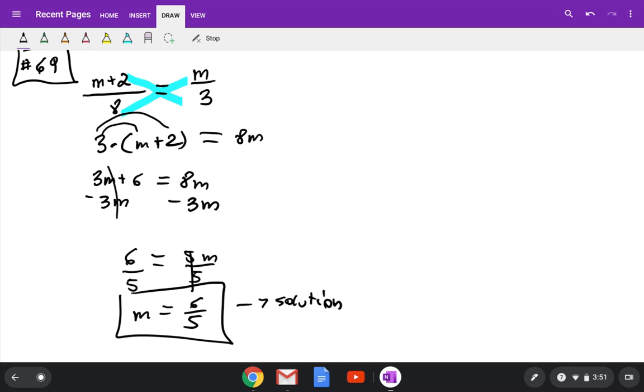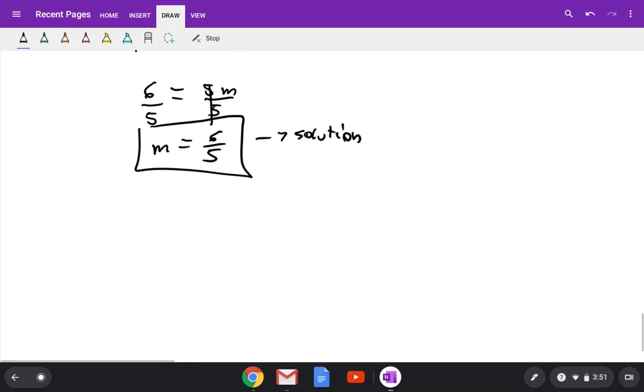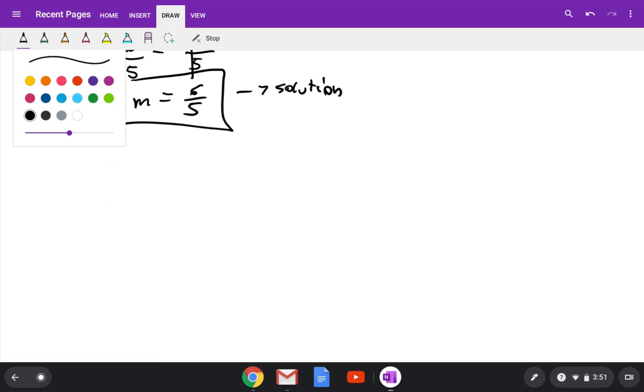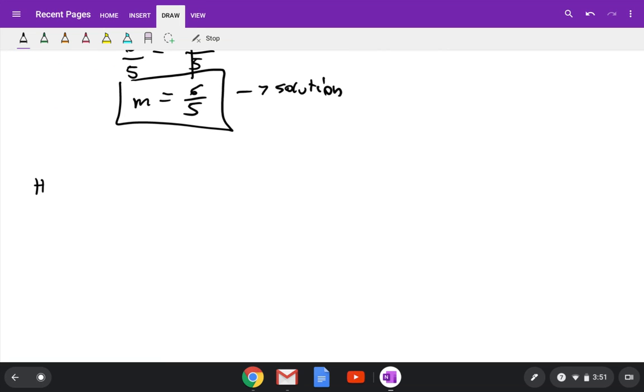That was 69, and the last one from the review is 72. Hopefully you have a textbook in front of you. I'm not going to copy the entire problem, I'm just going to read it. This is number 72 on page 952.